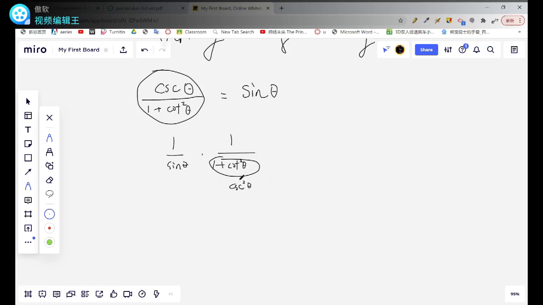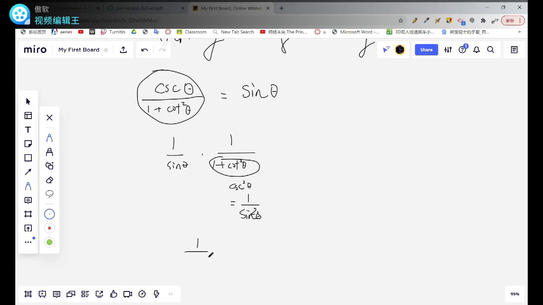So cosecant squared theta is basically just equal to 1 over sine squared theta, right?